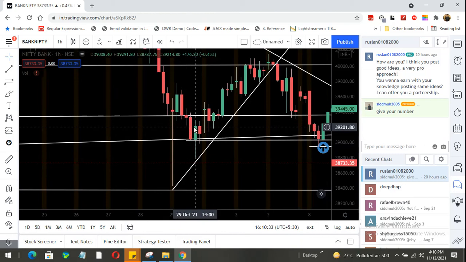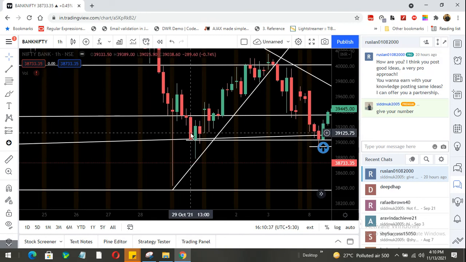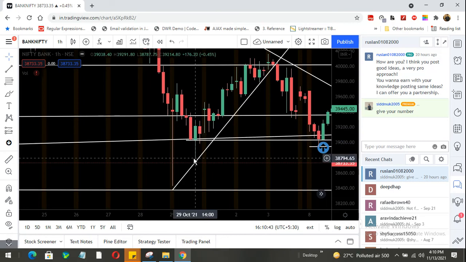Okay, and the wick should be a little bit longer. It should be longer or not longer, that is fine, because if it is longer, then it is called a hammer. And a hammer near support is also a bullish sign. But I am talking here about the bullish Harami pattern. Okay, so near the support, because the previous trend was down, then the bullish Harami pattern came, then upside came.